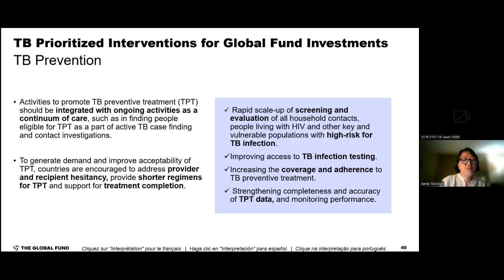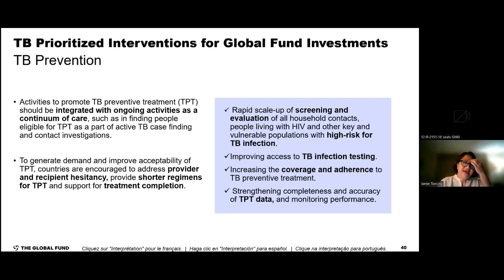And I think one way, other than good communications, good community awareness, is to make available shorter regimens for TB preventive treatment and to support people to complete their treatment. So instead of giving a 6 months or 9 months INH regimen, there is now a 12-dose 3HP regimen, for example, that should make treatment completion and acceptability much better.